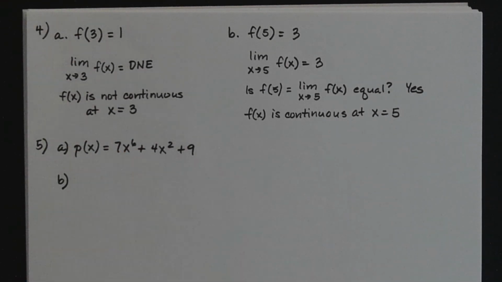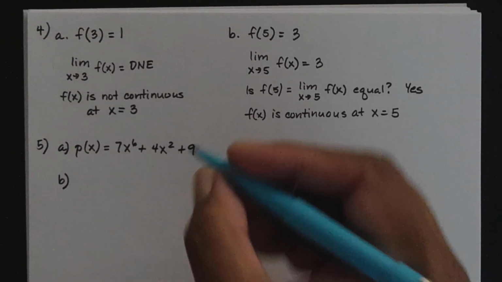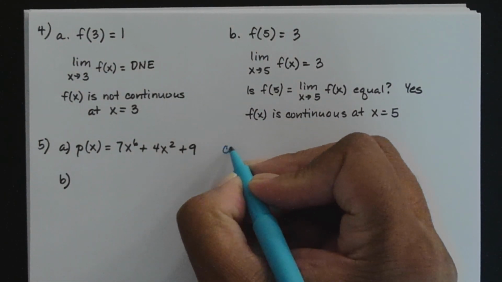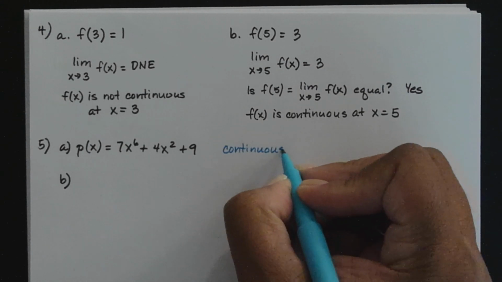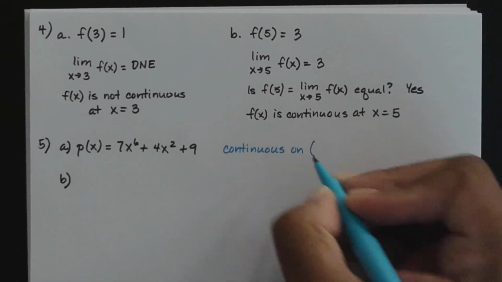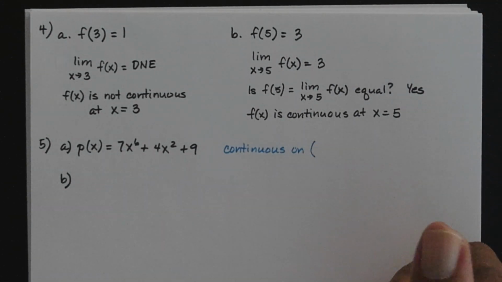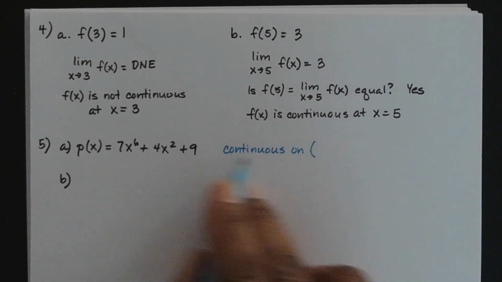Now this one should be easy because it is a polynomial function. Any x value that you assign to it, you're always going to get a value of f of x for it. So the interval on which it is continuous would be what? What do you think would be the interval for this?